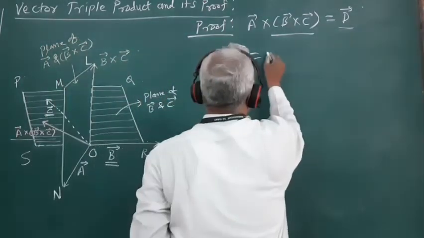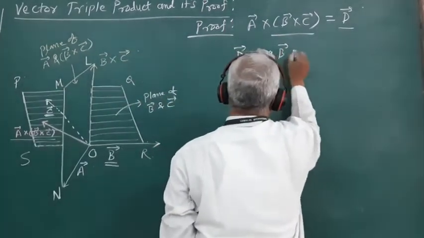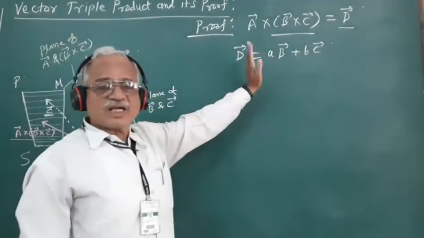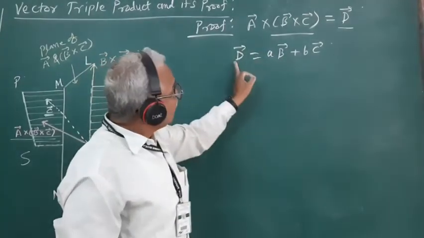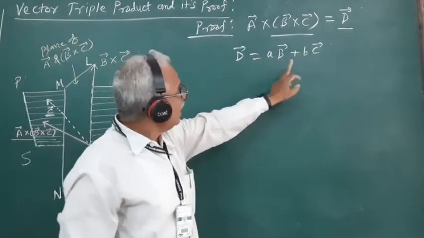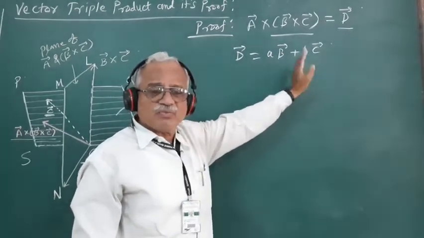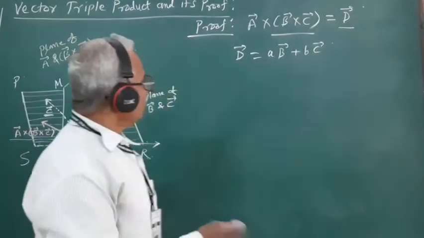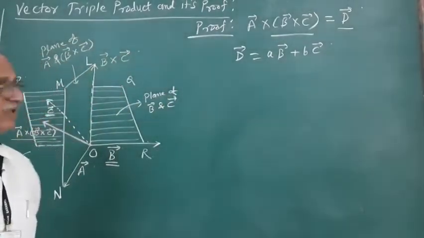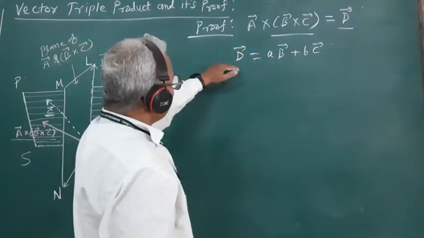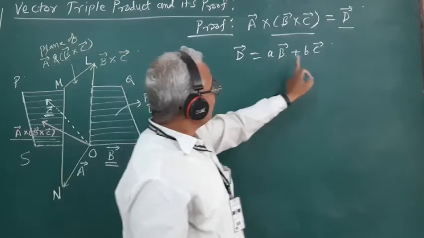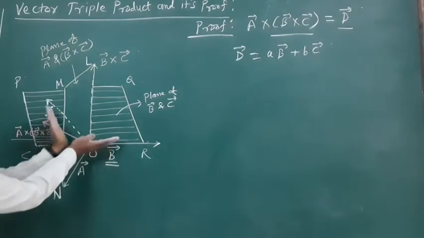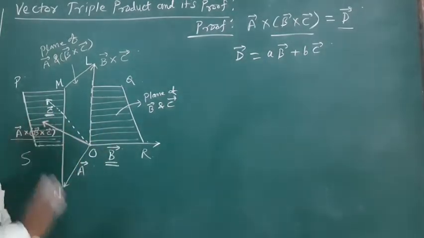So this vector D bar can be expressed as A B bar plus B C bar, where A is the component of D bar in the direction of B bar and B is the magnitude of the component of D bar in the direction of C bar. So this is just like the resolution of the vector. So this vector D bar can be expressed as A B bar plus B C bar because this vector D bar lies in the plane of B bar and C bar.